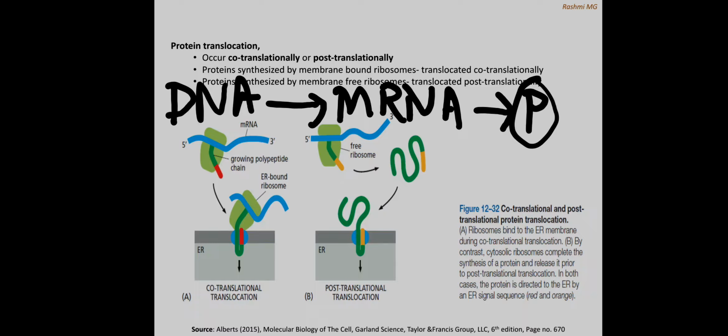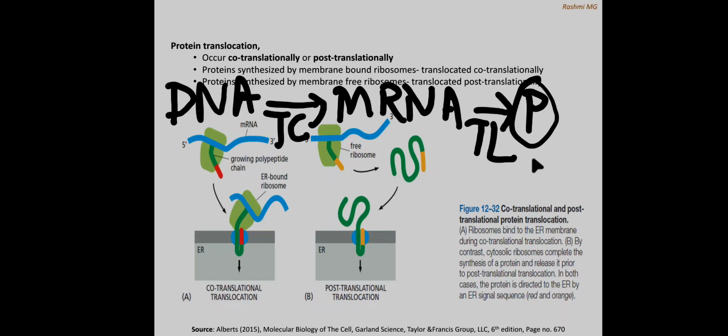This is translation. DNA to RNA is transcription. So mRNA is translated to protein. If the protein is translocated at this time, that is co-translational.